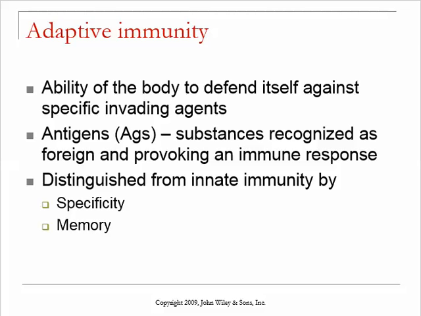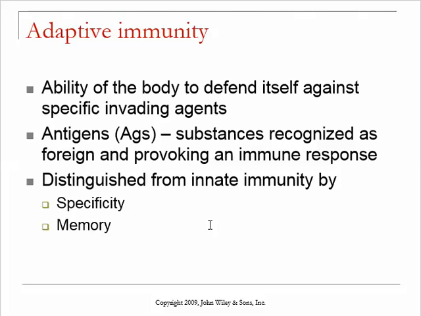Now, one of the fundamental things you need to know about adaptive immunity is that it's provoked by characteristics of the pathogen, or of whatever is invading you, called antigens. Antigen generates the anti-response.